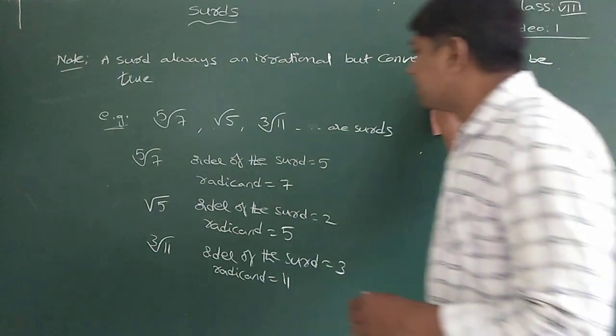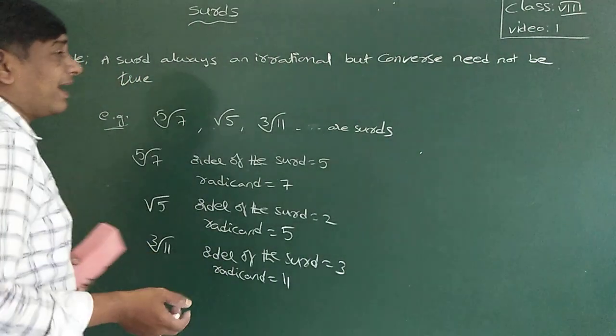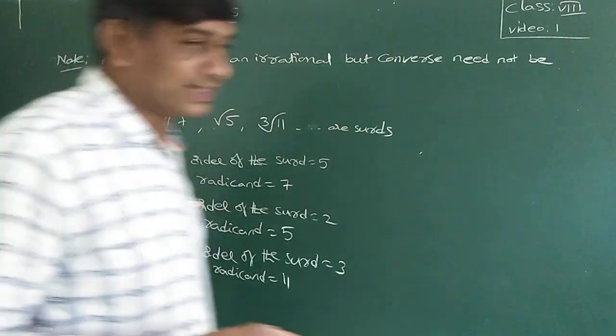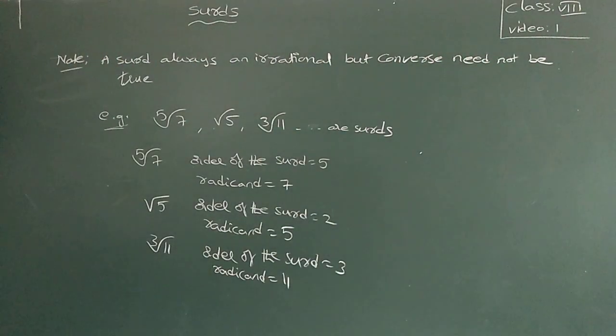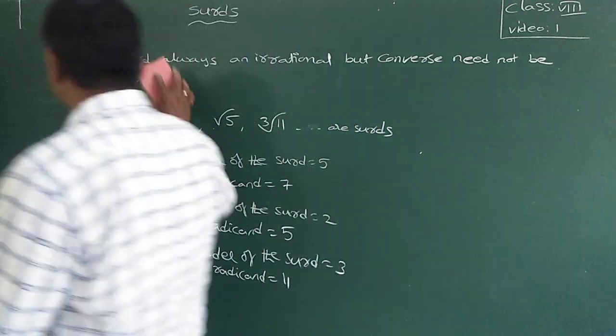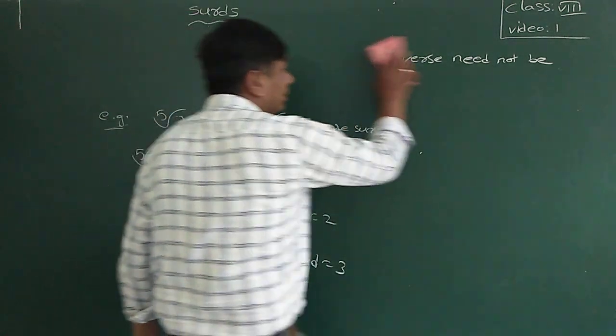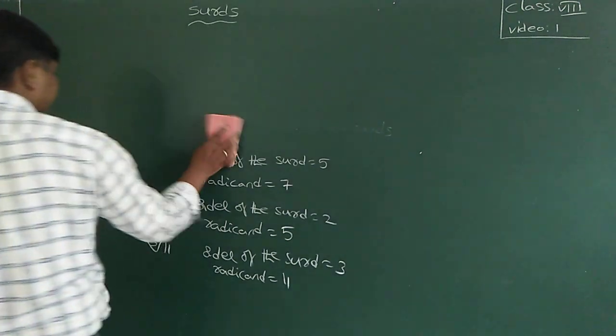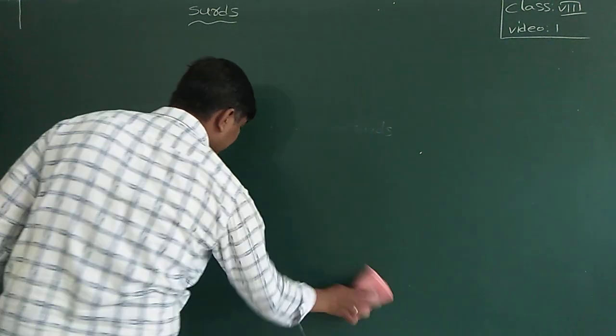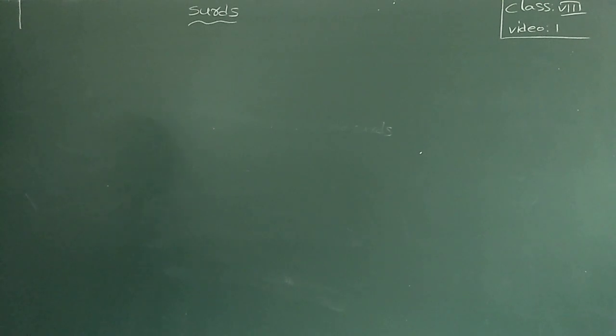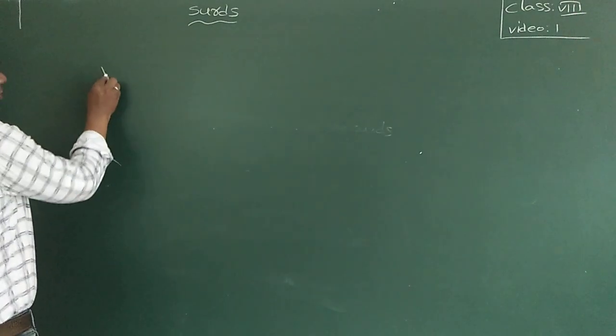Now, types of this word. First write down this example. If the order of this word is 2, the example is the square root of a.